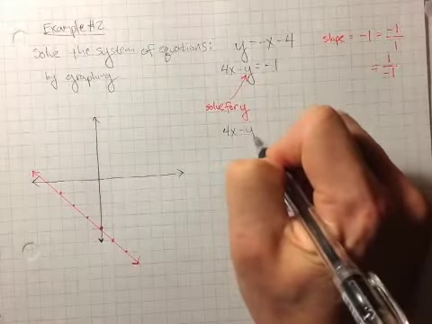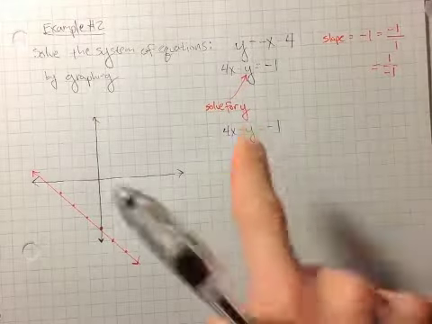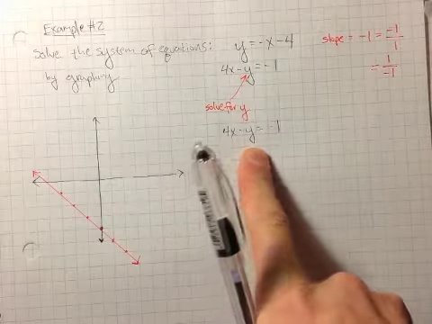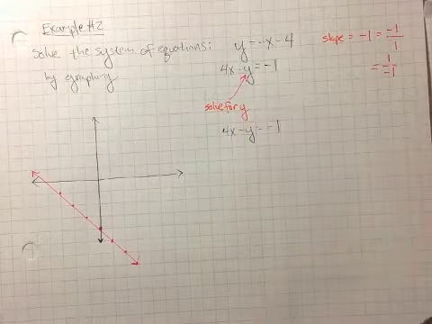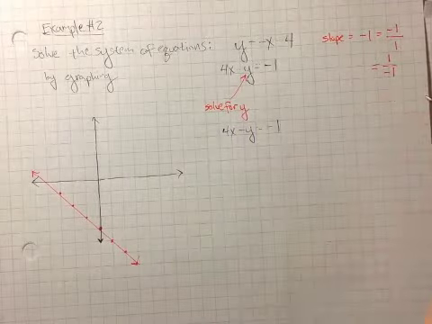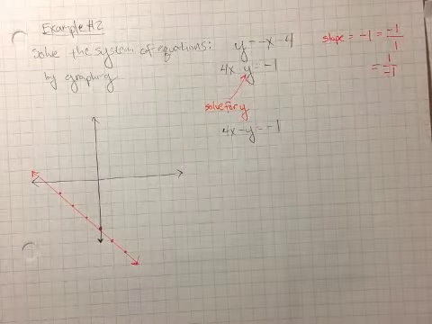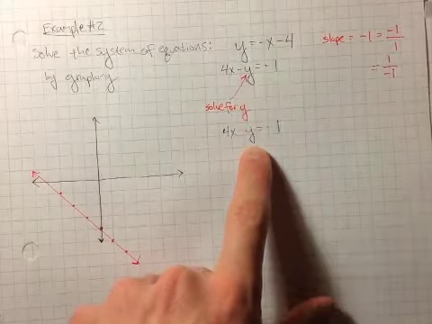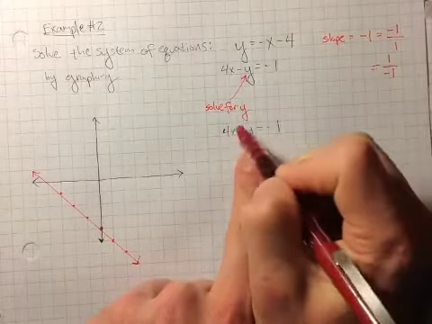Now when I ask you to solve that equation for y, you're going to be using the same exact procedure that you learned for solving any equation for anything. It just means progressively move everything to the other side of the equation. In this case, we have to start with the 4x.